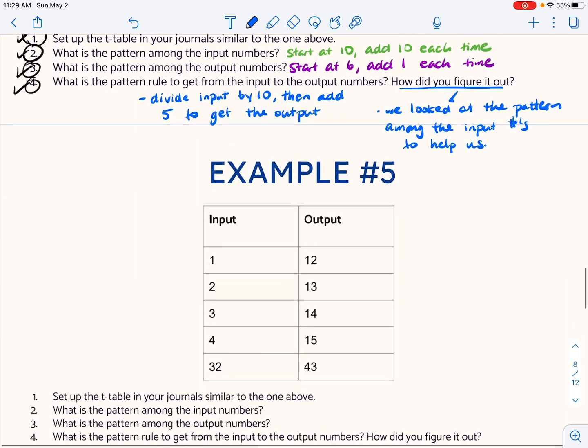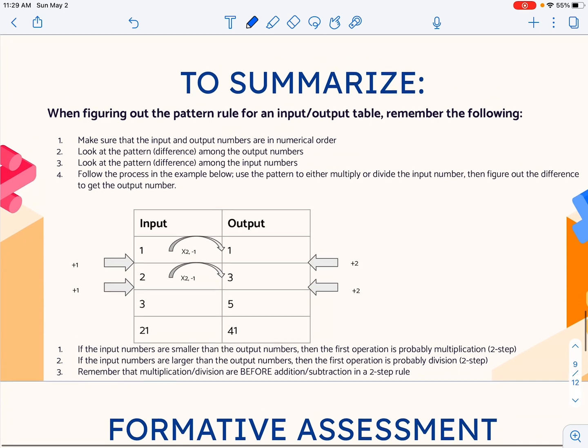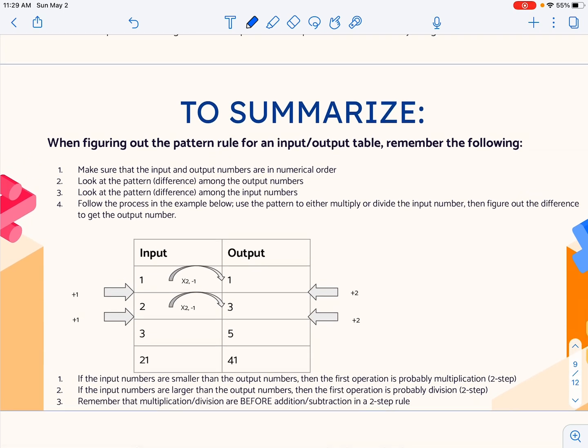Okay, now I'm going to skip over example 5 because I'm just going to move on to the last slide, which is summarizing this. Okay, so here are some steps or things to figure out when you're trying to determine the pattern rule for an input-output table. The first step is make sure that the input and output numbers are in numerical order.